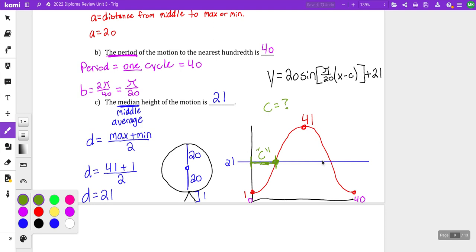Perfect. Your C value will cut in half your minimum and your maximum. So your minimum is at 0. You've got to determine how long your maximum took. The maximum would take how long to get to? Yeah, 20 seconds. If it's 40 seconds for one cycle, half a cycle is 20. This C value is perfectly in between 0 and 20, meaning that this C value is a distance of 10.